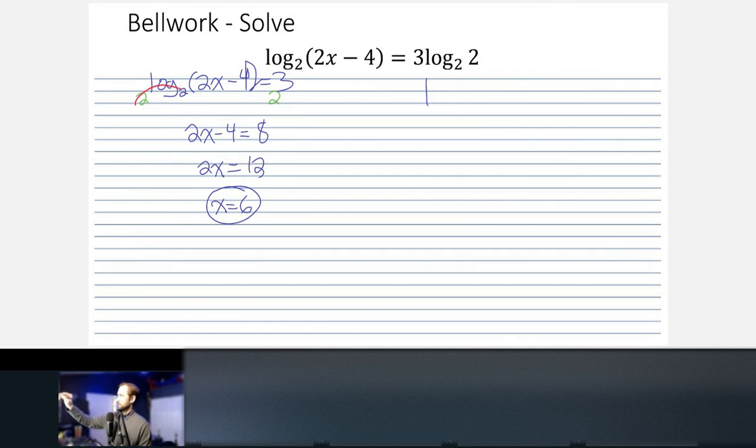So we could have had the left side and then the right side. And now we are allowed to base both sides. So we're going to base both sides with a 2.